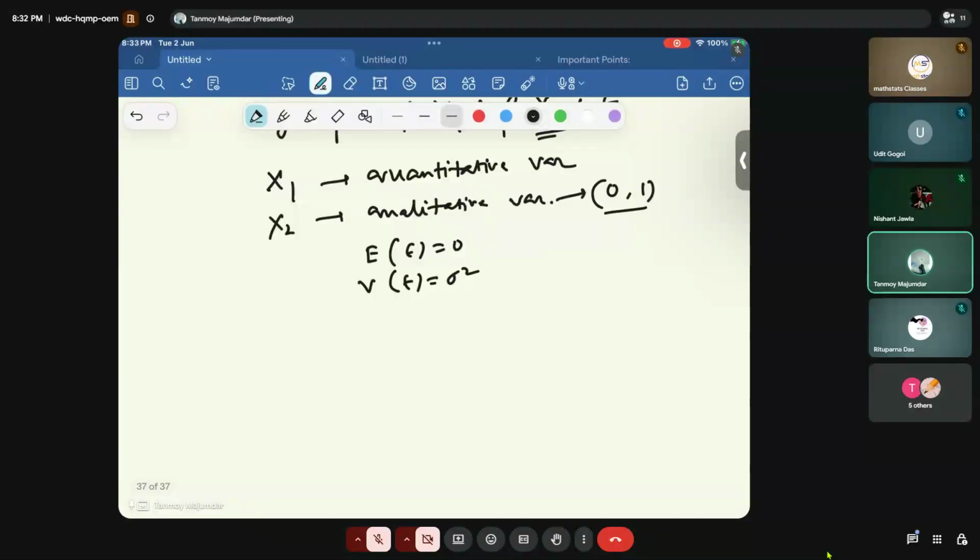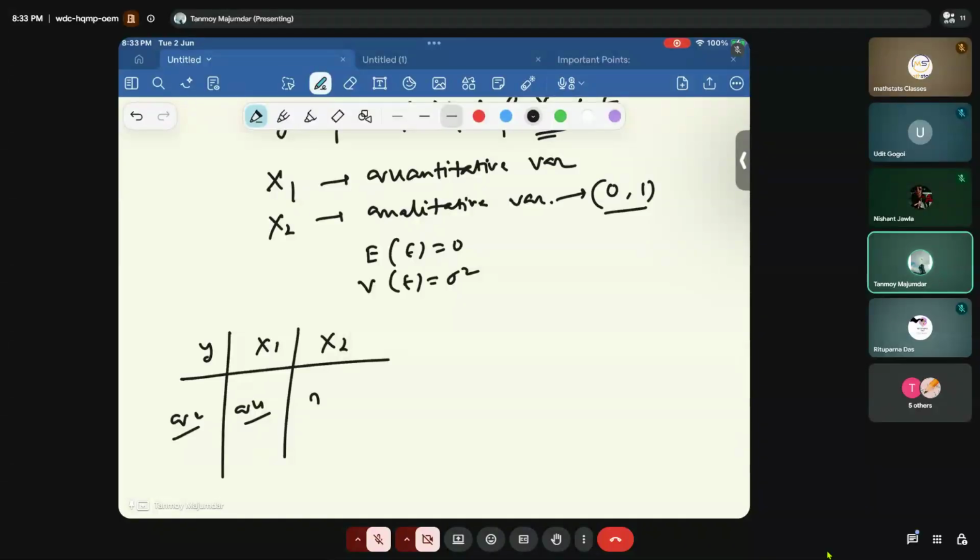Okay, so suppose हम लोग इसको क्या करेंगे, फॉर एग्जाम्पल एक y है हमारे पास, एक x1 है और x2 है. Y is the quantitative variable, x1 is the quantitative variable, and x2 has two groups, मतलब 0 1, male female, high low, yes no, कोई भी two groups are there in that x2, the qualitative variable.